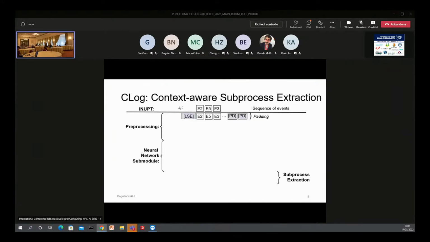One is padding, because in one time interval we can have a different number of events, and in order to train a neural network, we need to unify this length. You will notice one special token at the beginning, called the log subprocess embedding, which we use later in the network to extract a learnable representation of the event. Then we have the procedure of masking.